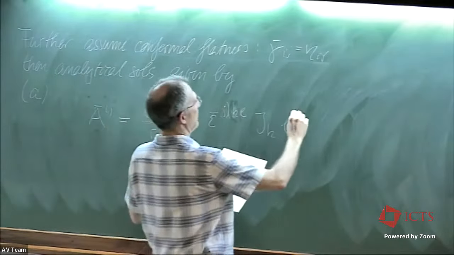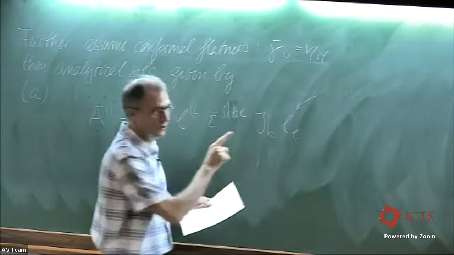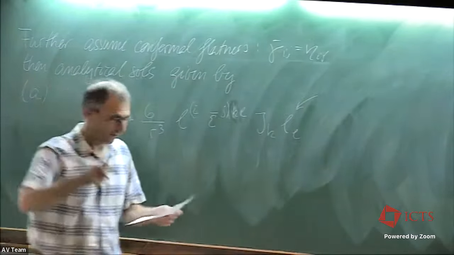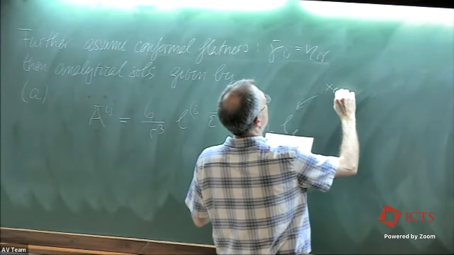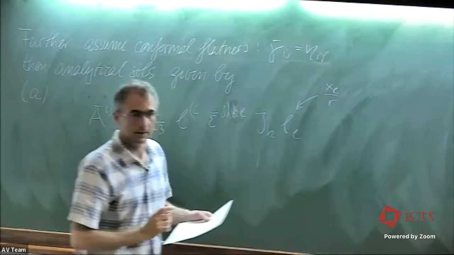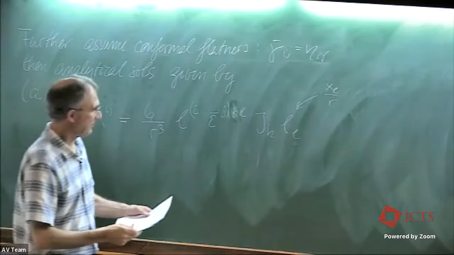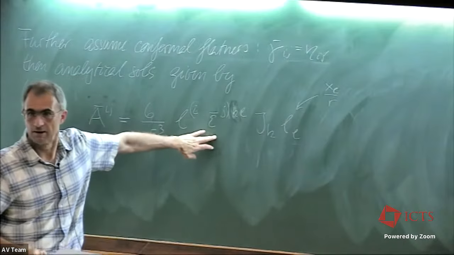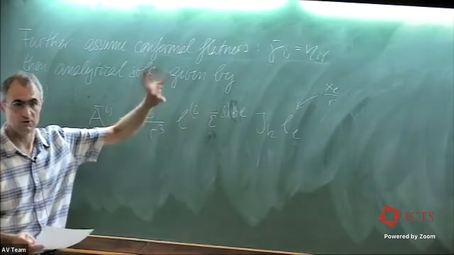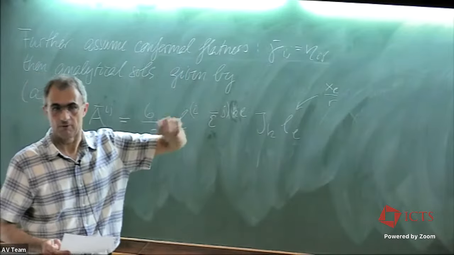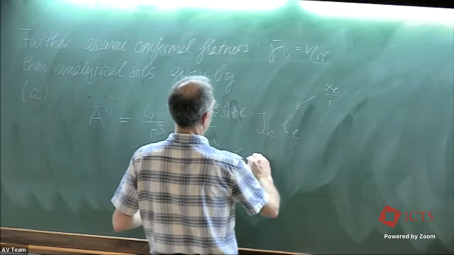I need to tell you what the L is. The L is basically the unit vector pointing away from the black hole, which I can write as x^l divided by r. I also need to tell you what the epsilon is. It is the completely antisymmetric Levi-Civita symbol in the conformal space, so it just takes values of 1, 0, or -1.